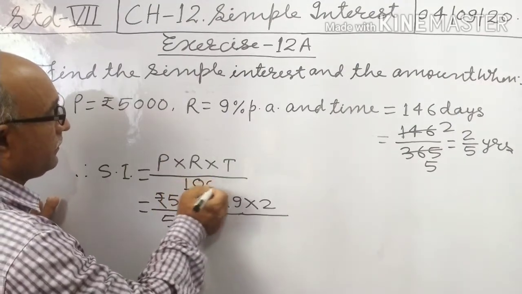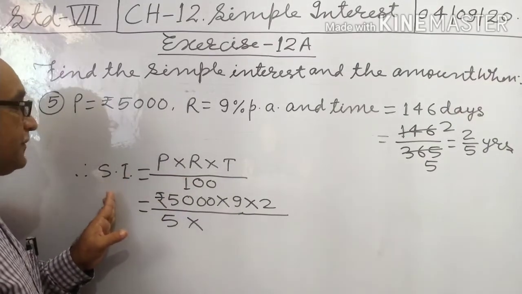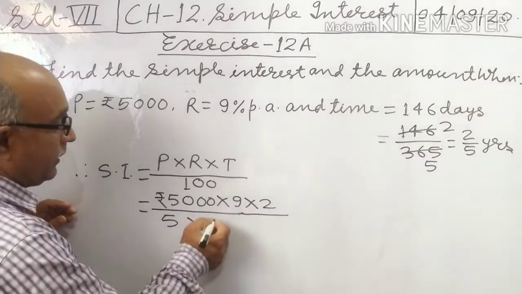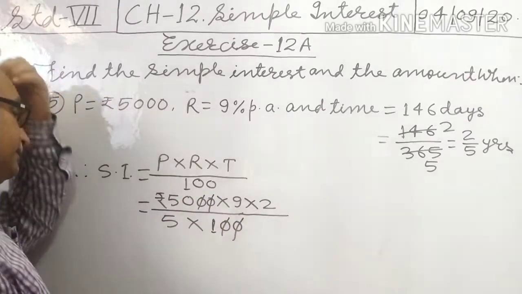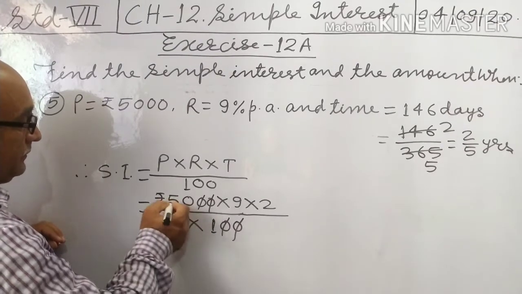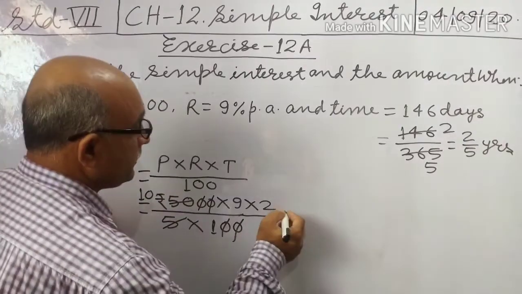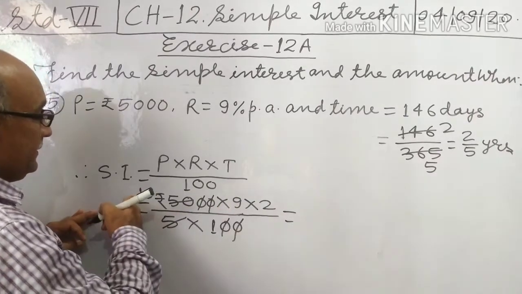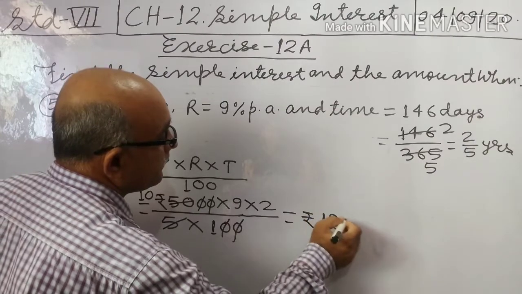Now 5000 into 9 into 2 by 5 into 100. 00 to 00 cancel. Now 5 10 ja 50. So equal to 9 to the 18 into 10, rupees 180 SI.